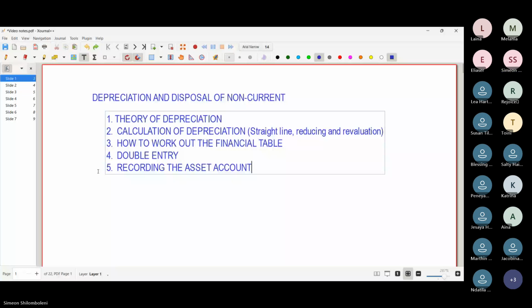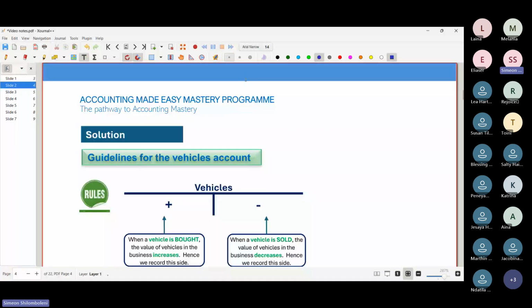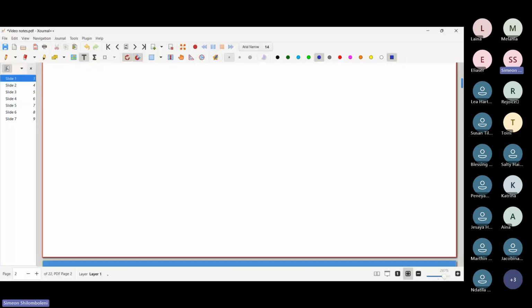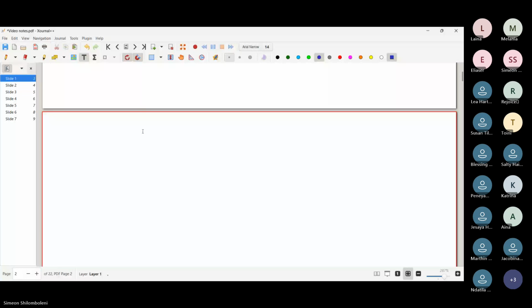Now, when you find the depreciation question, what are the things that you need to look at? I always prefer to go through the guidelines. What are those key things that you need to look at? The first thing is your non-current assets.